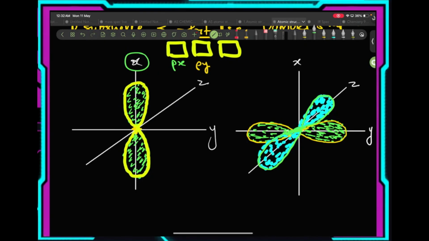The only difference between them is that they are arranged on different axes, right? So px, py, and pz. Now these are the only two orbitals that you need to know the shape of. Okay, you don't need to know the shape of the d orbital or any other orbital. Clear?